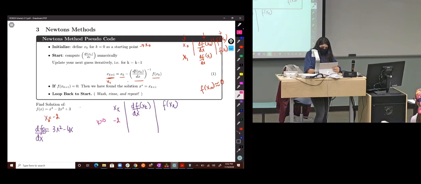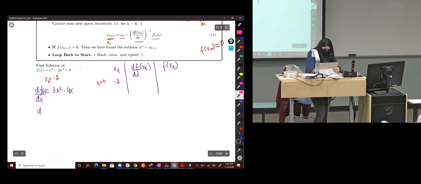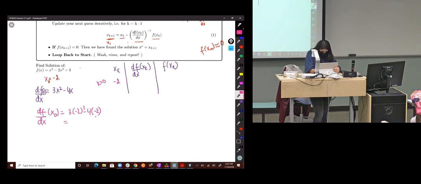What is df by dx? Well, we put minus 2 in here. So df by dx at x0 is 3 times minus 2 squared minus 4 times minus 2. That becomes, I think, 12 plus 8, which is 20. So this is 20.